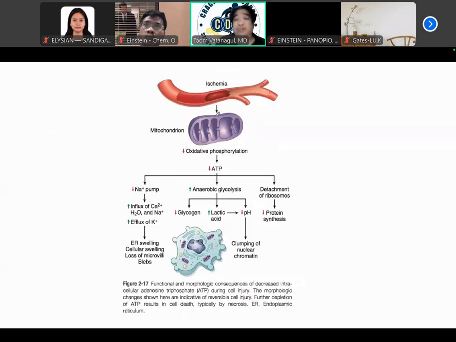Robbins. We mentioned ischemia as the most common cause of hypoxia. And we mentioned that oxidative phosphorylation, which occurs in the inner mitochondrial membrane, would decrease. Decrease in oxidative phosphorylation would result in a decrease in ATP formation. So what happens here? Take note of these series of events. Dysfunction of the sodium-potassium pump.